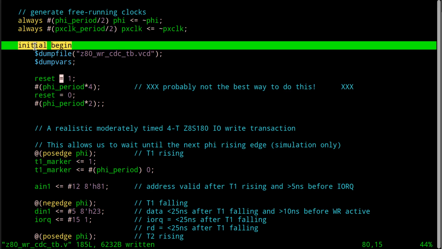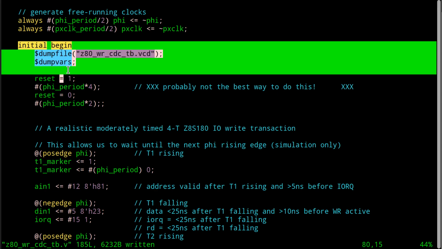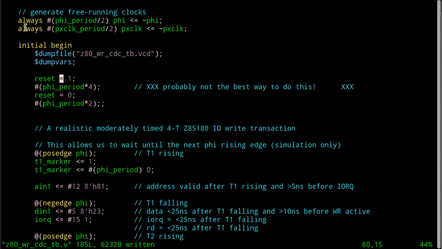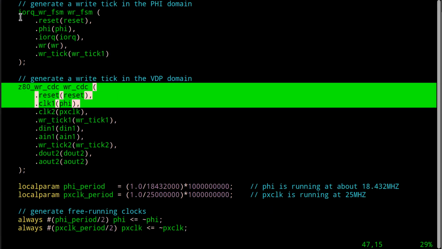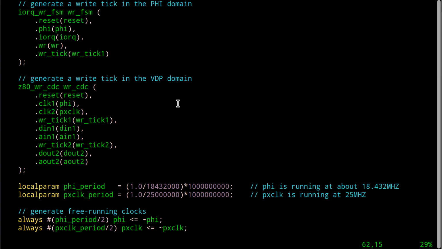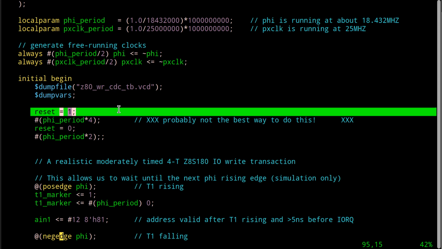Which means that should the simulator decide to run this initial block before it runs an always block here, or an always block there, or an initial or an always block in here, or one in there, if it decides to run this one first, then this reset will be assigned a 1 before anybody else sees a reset assigned a 1.